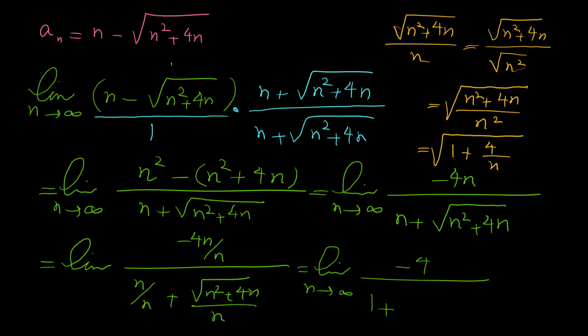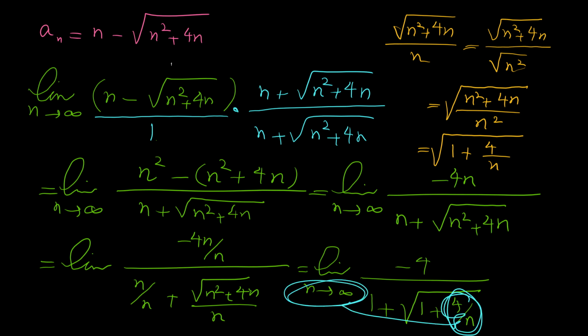So we can write this expression in the form of radical 1 plus 4 over n. Now, what is the limit of 4 over n when n approaches infinity? When n approaches infinity, 4 over infinity, the numerator is a number, the denominator approaches infinity, so this fraction approaches 0. So basically the limit of this is 0.